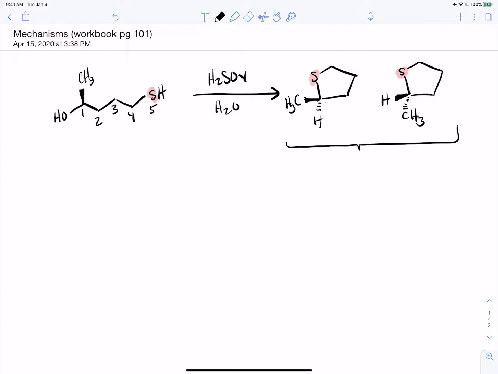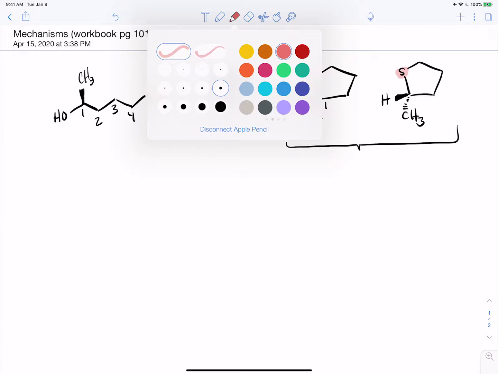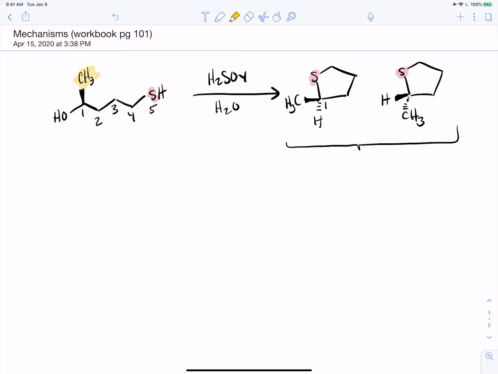The sulfur is bonded into what appears to be carbon 1. So you'll note carbon 1 has a methyl group attached to it. And the sulfur is biting onto carbon 1. That seems clear. So carbon 1 is that, and then we've got 2, 3, 4, and 5.